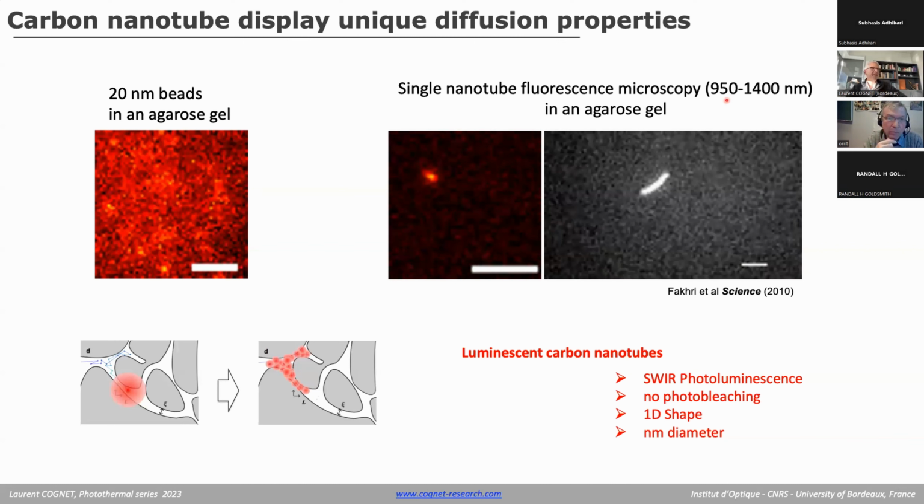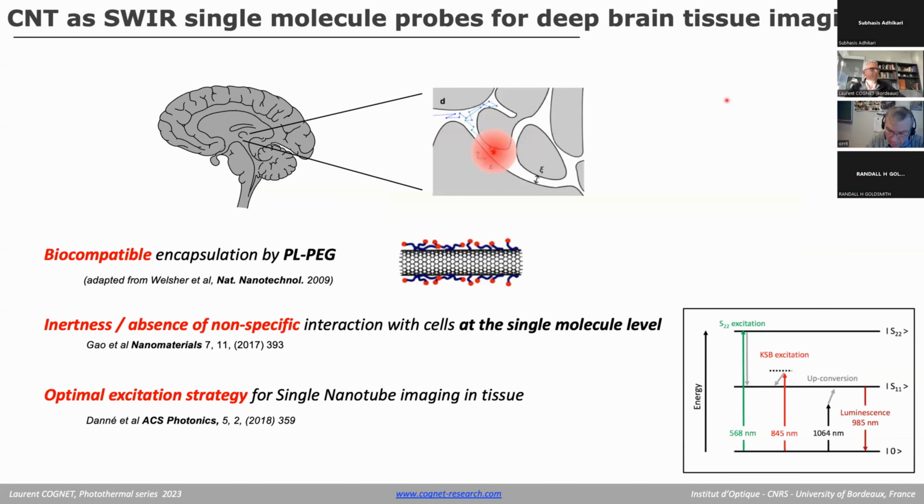So we then worked on these carbon nanotubes to make them biocompatible. I will not discuss that, but it was a lot of work to make them stealth, so that there are no non-specific interactions with the cells. We also did some spectroscopy looking at the excitation of the nanotube, because the photophysics is extremely rich.